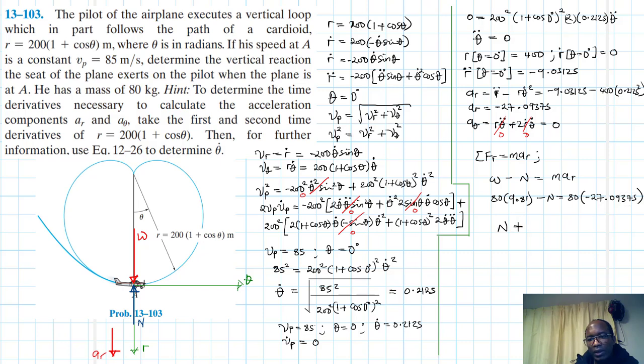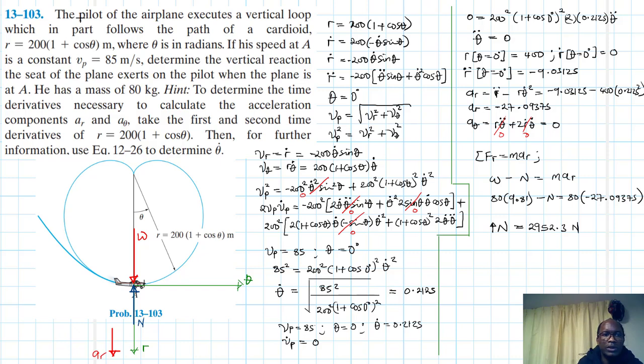Therefore, N is just going to be equal to 80 times 27.09375 plus 80 times 9.81. Alright, so this just becomes 2952.3 newtons, and this normal force is going upwards like so.